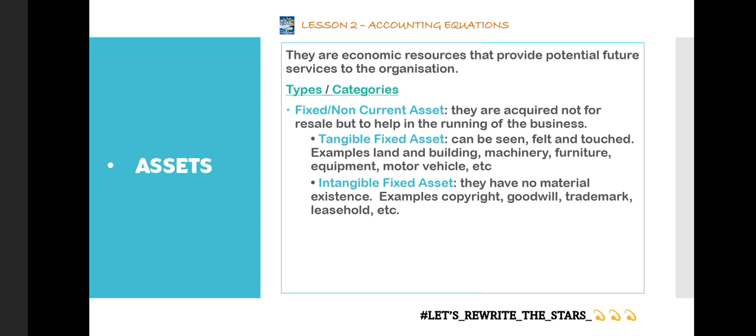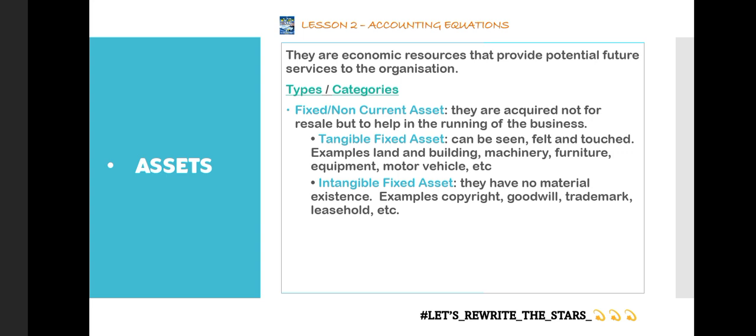We use them in the daily production of goods and services, meaning they help in the running of the organization, but they are not for sale. Without these resources or equipment, the business cannot run.